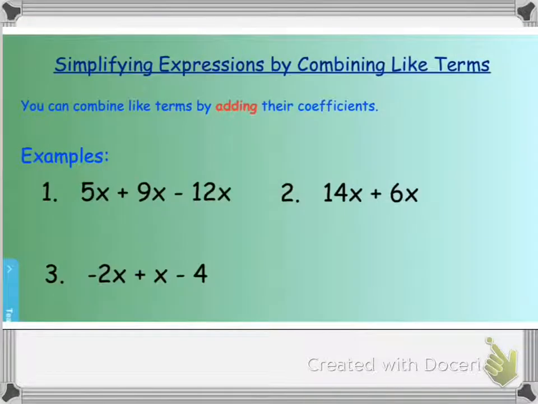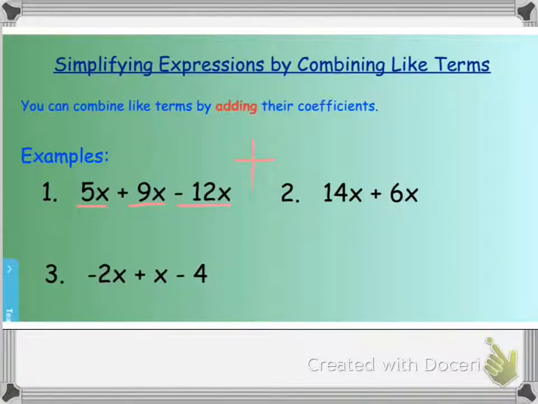So let's look at how you combine these things together. You can think of it as all the terms are going on a trip. And so we have to keep the same families within the same car. So what we do is we group them together. We add their coefficients. So if we look at this first one, we have 5x plus 9x minus 12x.